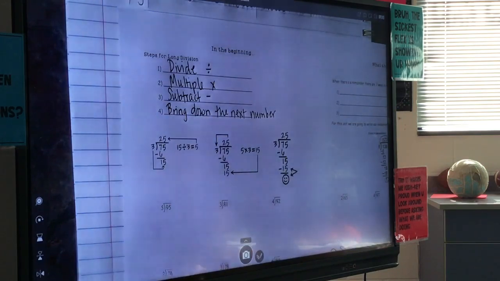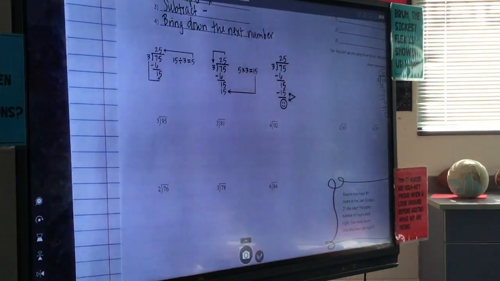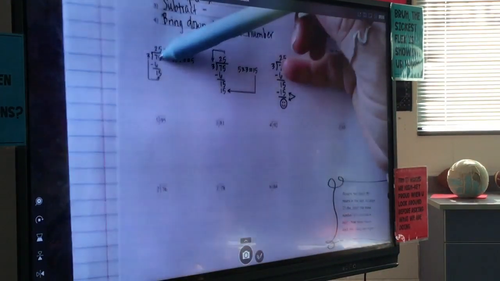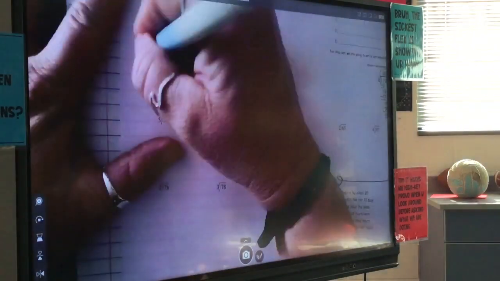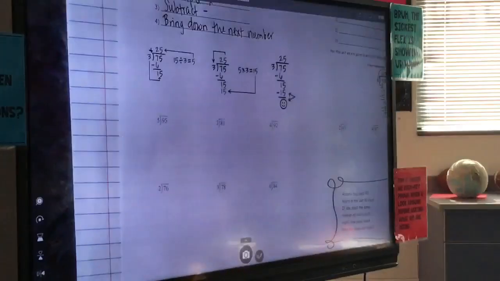All right, so these are some examples. So they've done 75 divided by 3. And what I always tell my students is this corner, I put a multiplication symbol on it. Why do you think I put a multiplication symbol there? Right.